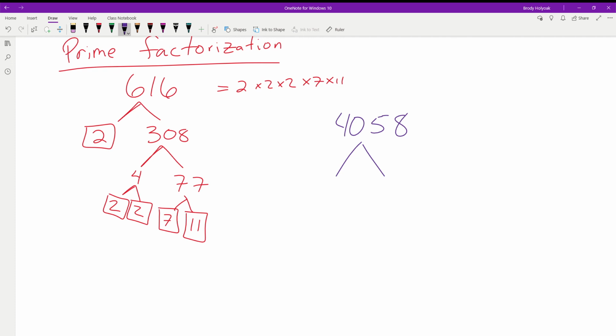What are we coming up with for prime factors for this guy? It is a difficult one. Anybody have an answer?